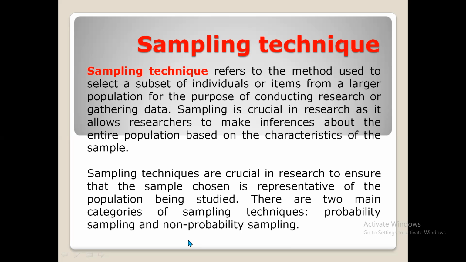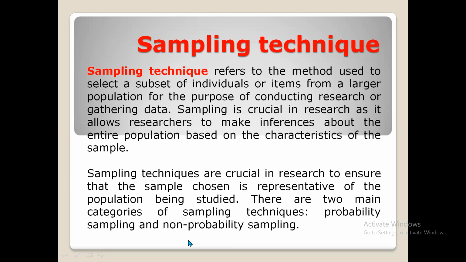Sampling is crucial in research as it allows researchers to make inferences or conclusions about the entire population based on the characteristics of the sample. Sampling techniques are crucial to ensure that the sample chosen is representative of the population being studied.